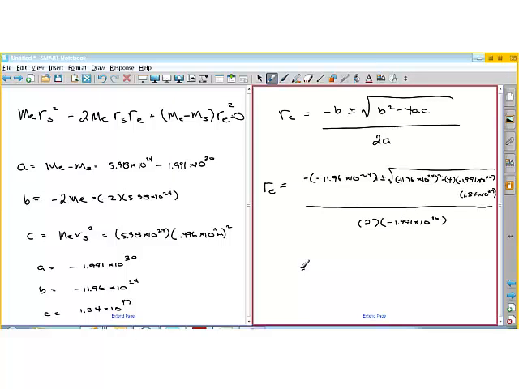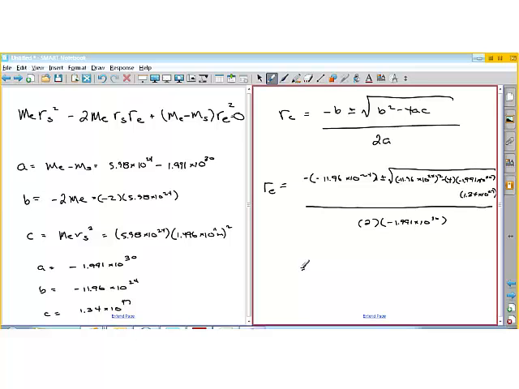Okay, let's figure out what's in the parentheses. So we have 11.96 e to the 24th. It's negative, so when it's squared, it's positive. And then we have a negative times a negative. Negative 4 times negative 1.991, so I'm just going to make it positive.